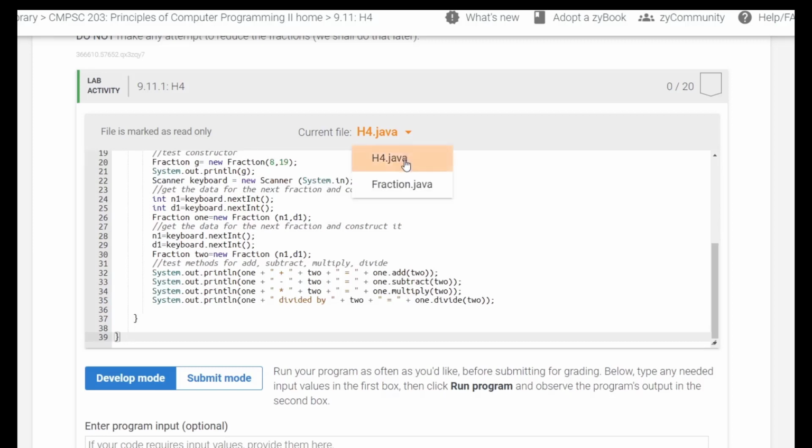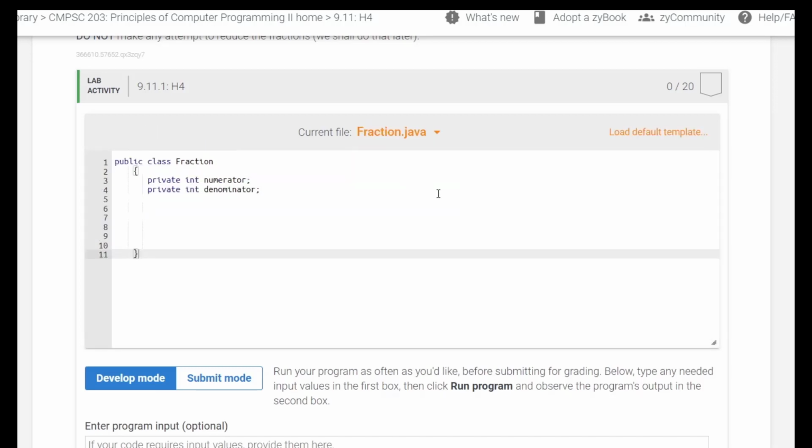Let's look and see if I put anything for you in the fraction class. Just two things: we have a numerator and a denominator. This fraction class just records the value of the numerator and the denominator.